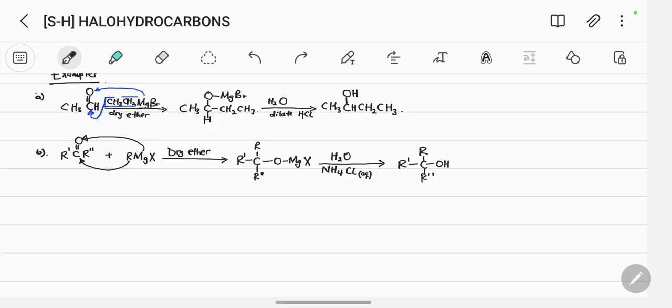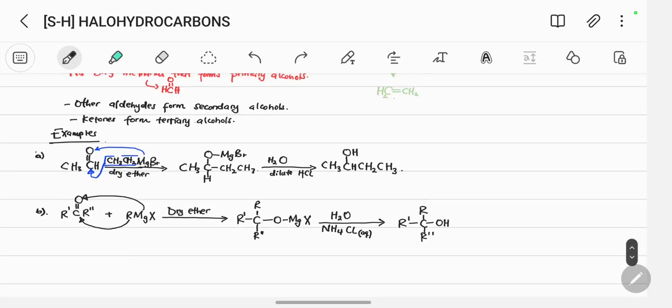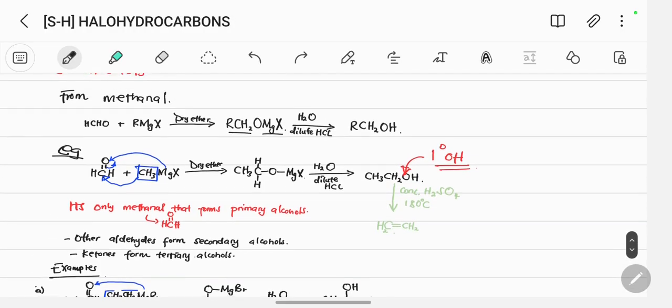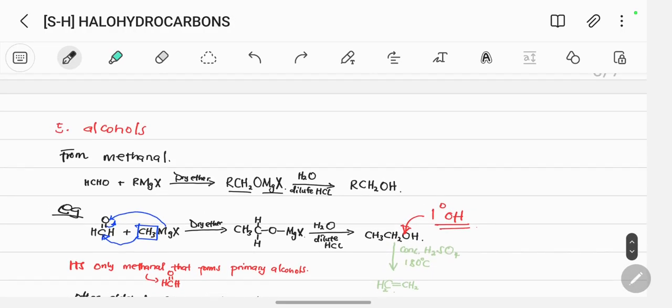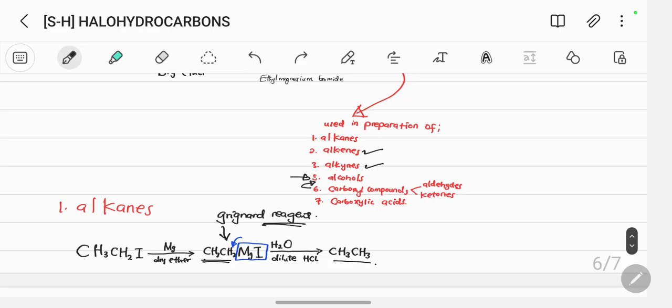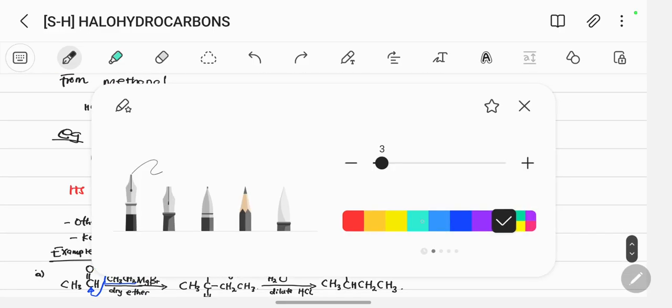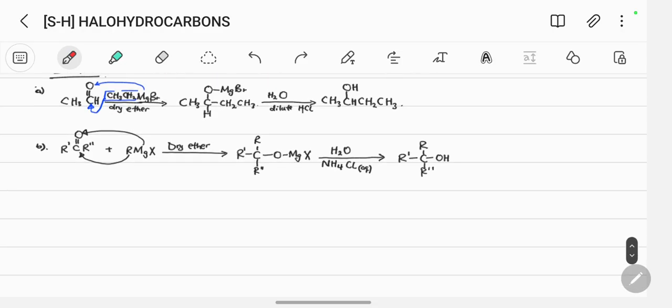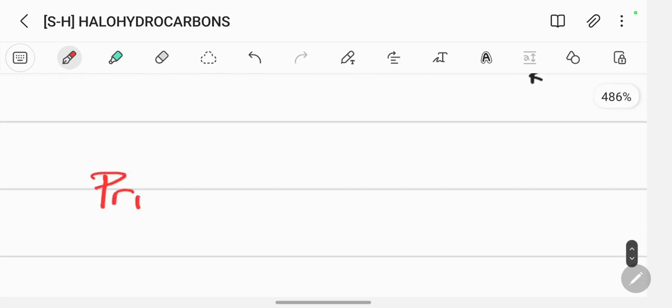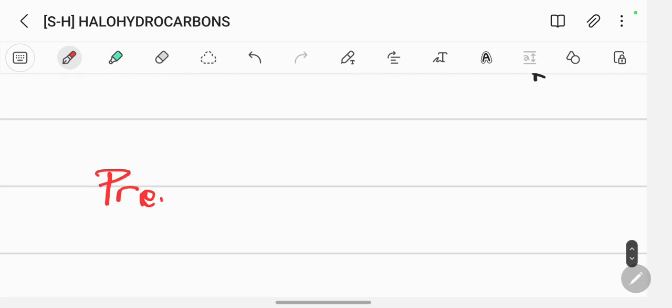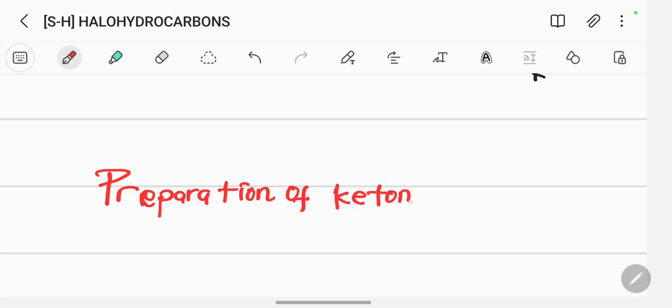So under our preparation of ketones, this is preparation of ketones.